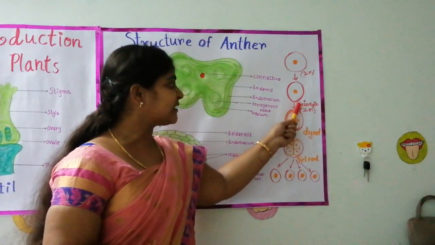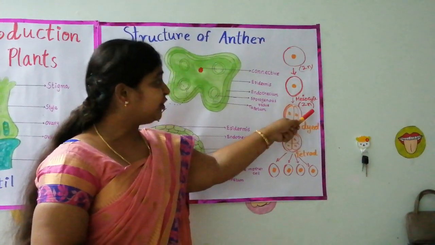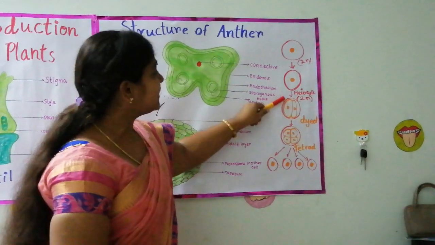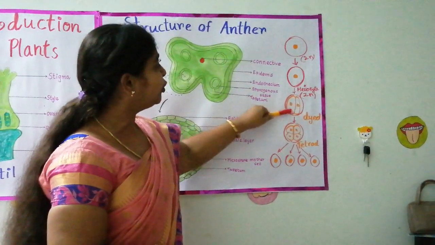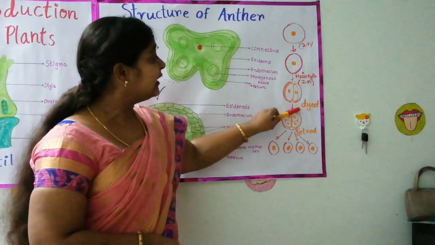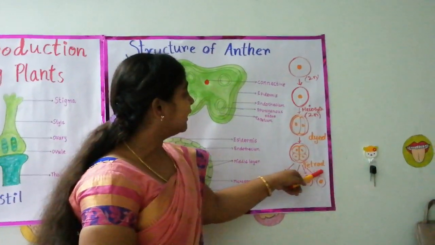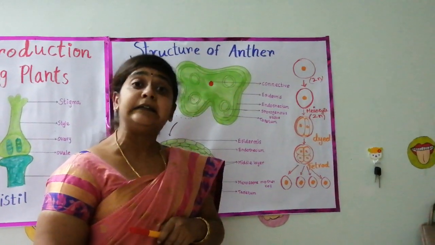So in meiosis phase 1, the meiocyte undergoes meiosis 1, and at that time we get the two-nucleated pollen diad. Then again the meiosis undergoes phase 2, and at that time we get the pollen tetrad.